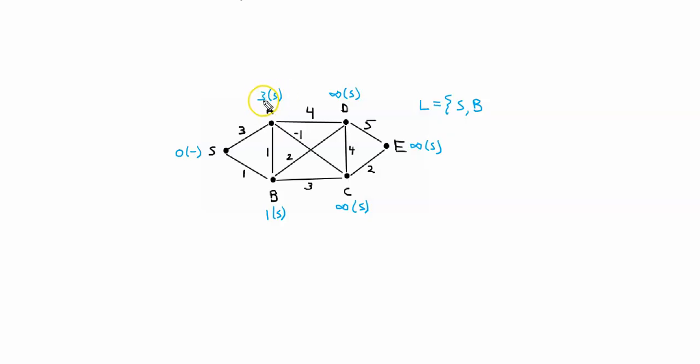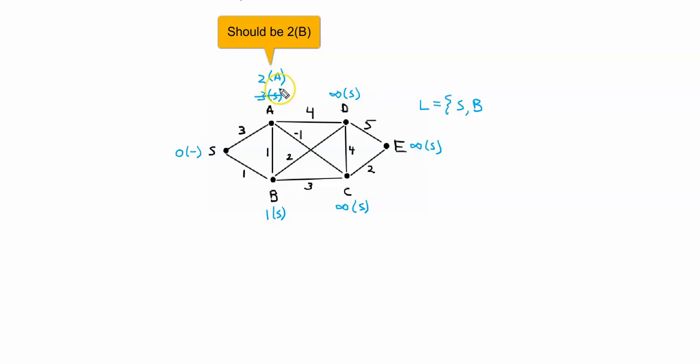The label we already have, which is 3, or if I take the label for B, which is 1, and add 1 to it because B is adjacent to A and that edge has weight 1, 1 plus 1 is 2, that's smaller than 3, so I will update this with 2 and B.